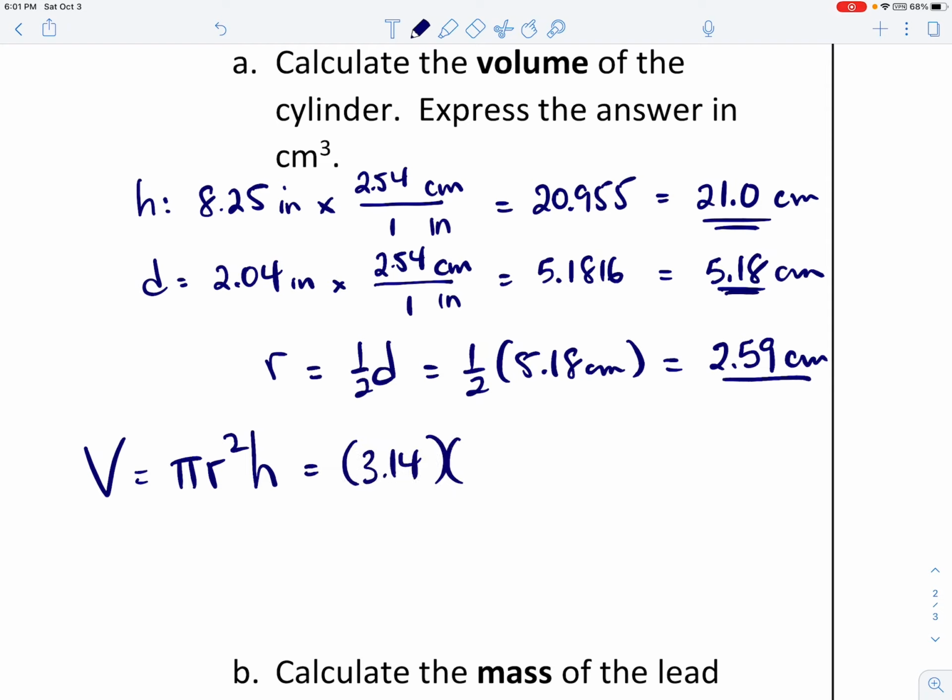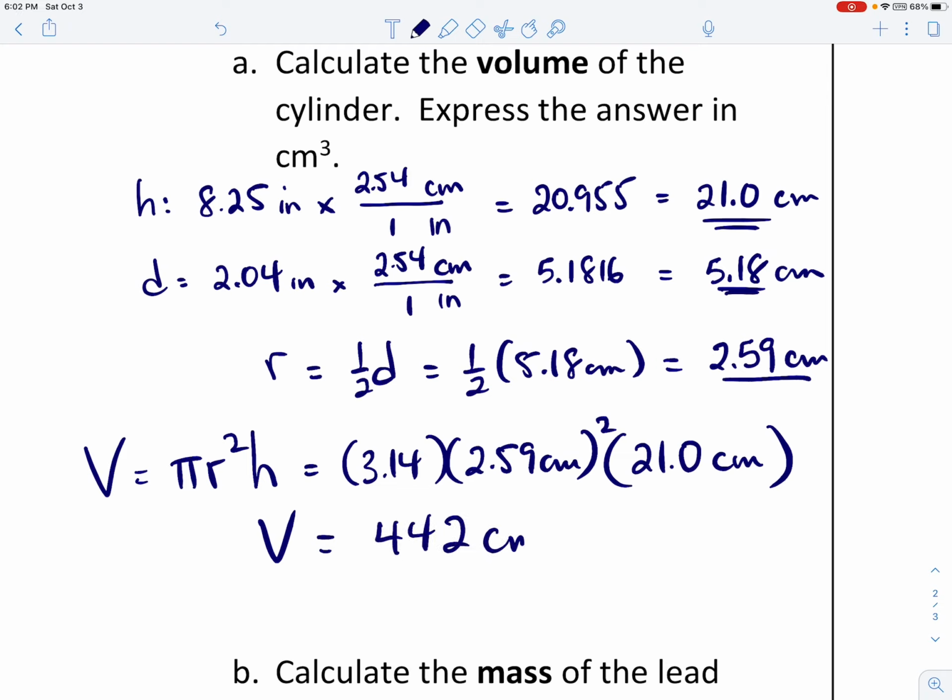So 3.14 times 2.59 centimeters, the radius, squared, times the height. And we can keep 3 significant digits in the answer. So on my calculator, I get 442 cubic centimeters.